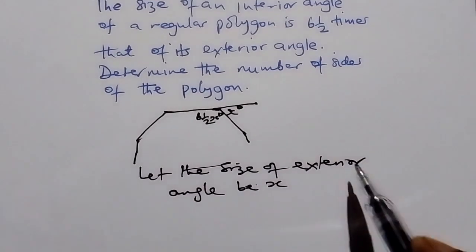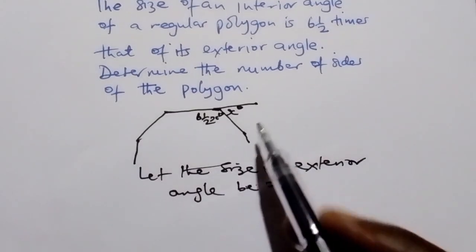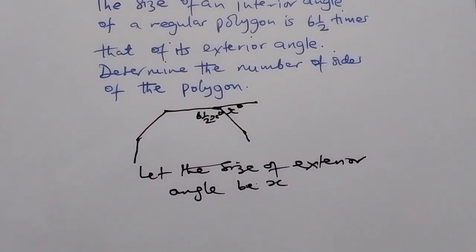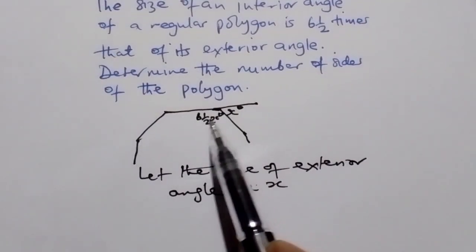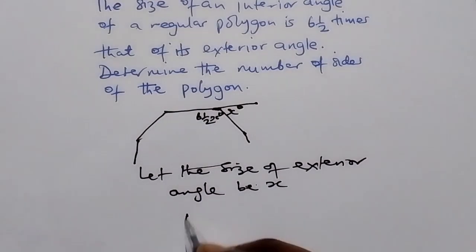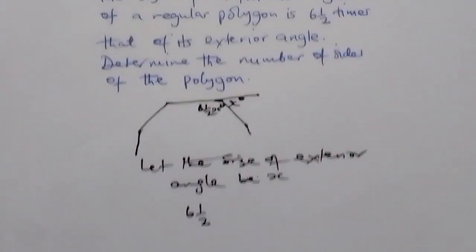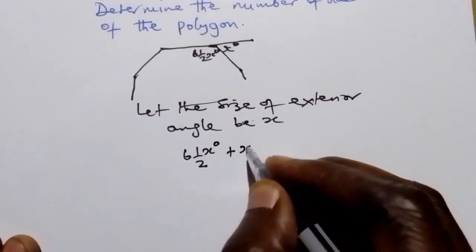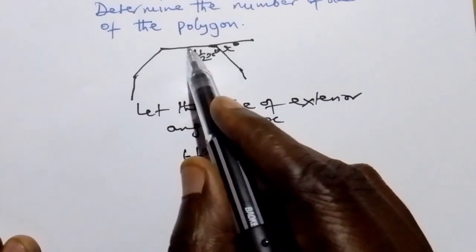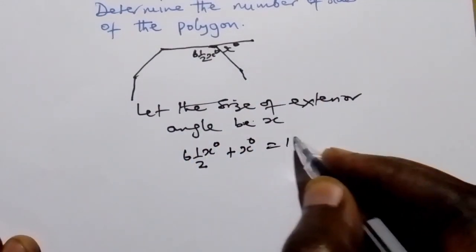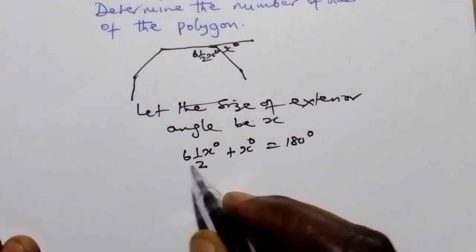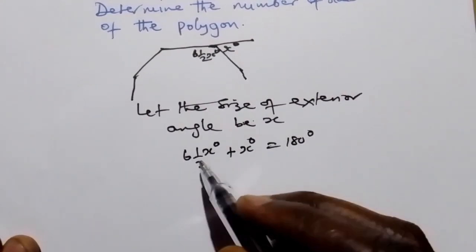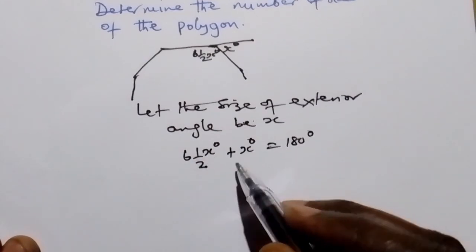The size of exterior angle is x, the size of interior angle is 6.5x. Then from here we can see that this is a straight line, so we can say that 6.5x degrees plus x degrees, because this is a straight line, is equal to 180 degrees. Or you can say 6.5x plus x.